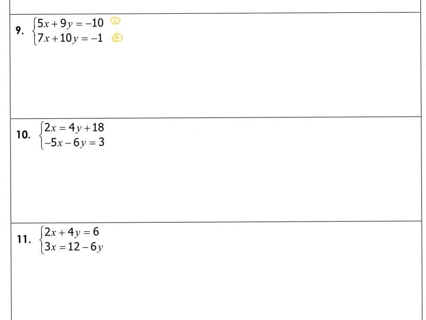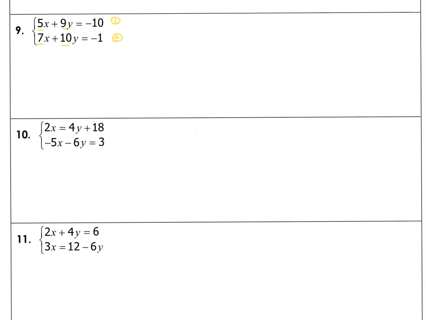I have nothing I can make very easily. If I multiply an even number, I cannot get to 7 and 10, because somehow one of these pairs has to match, right? So I have to find a common factor.